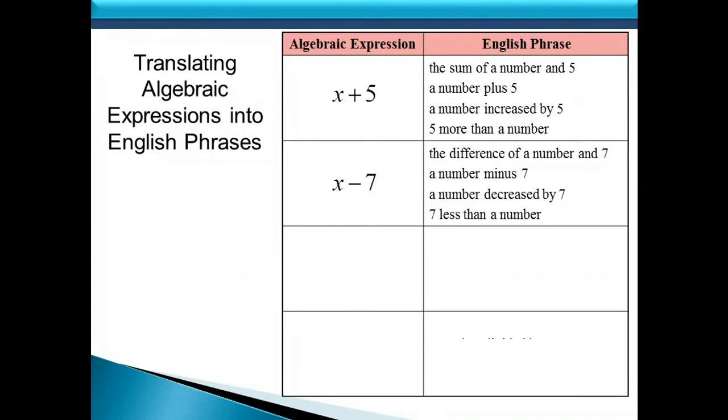Okay, how about 2 times x? An English phrase to represent 2 times x, we could say the product of 2 and a number, or we could say 2 times a number, or twice a number. We wouldn't use the word of in this case because the 2 is not a percent or a fraction.